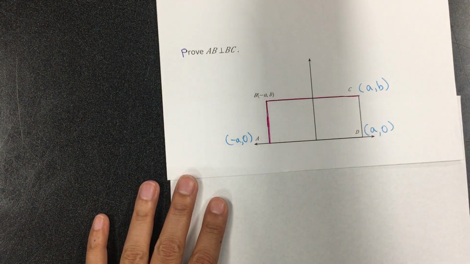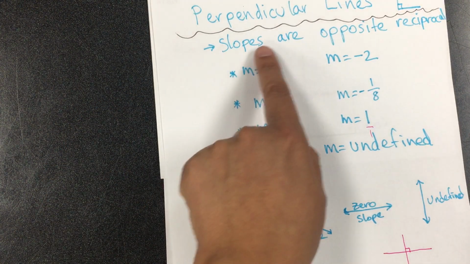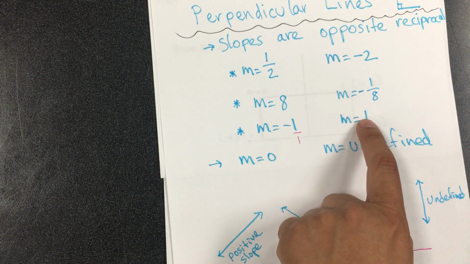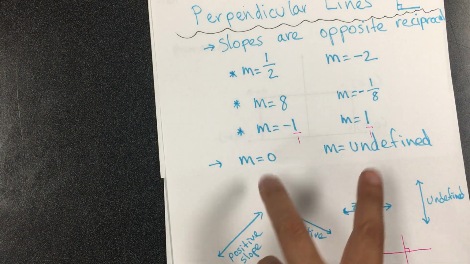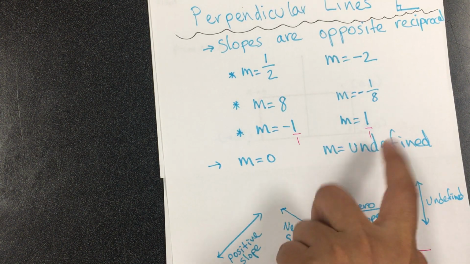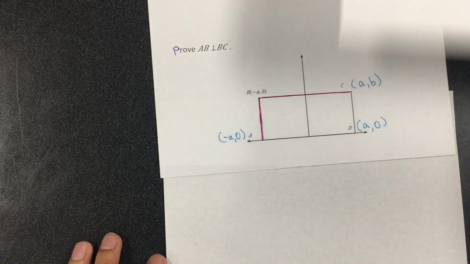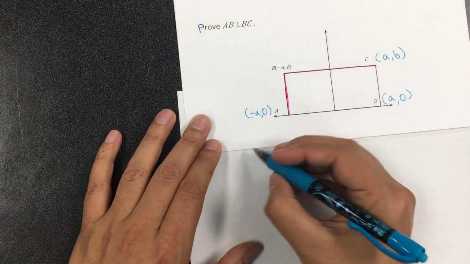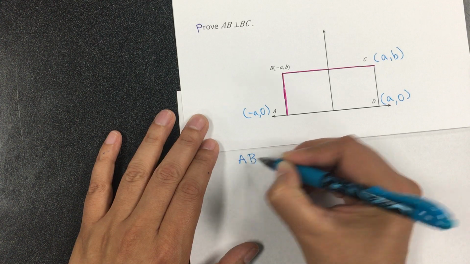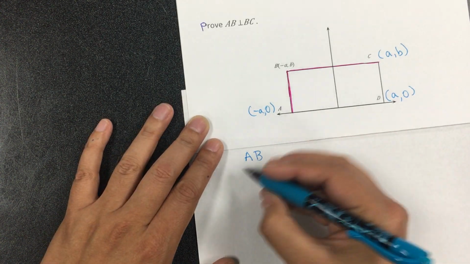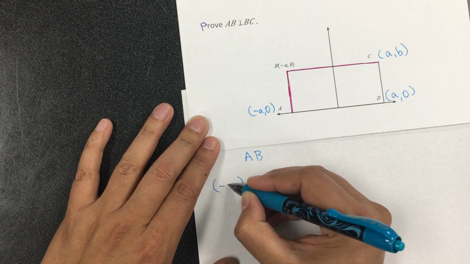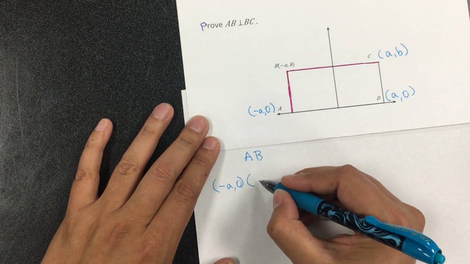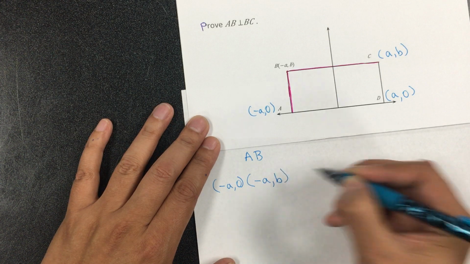Well, we already know from here that they have to be opposite reciprocal, including the negative 1 and 1, those are also opposite reciprocal, or they have to be 0 and undefined, okay? Okay, so let's do AB first. And so point A is negative a, 0, and point B is negative a, b.